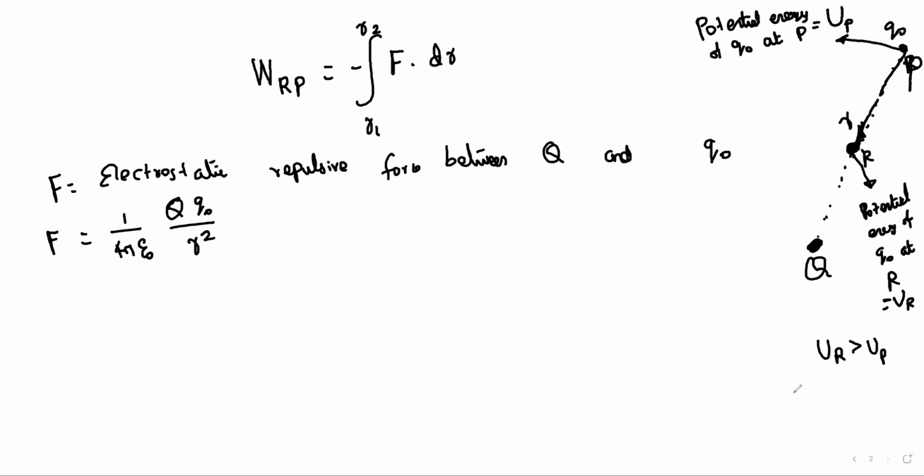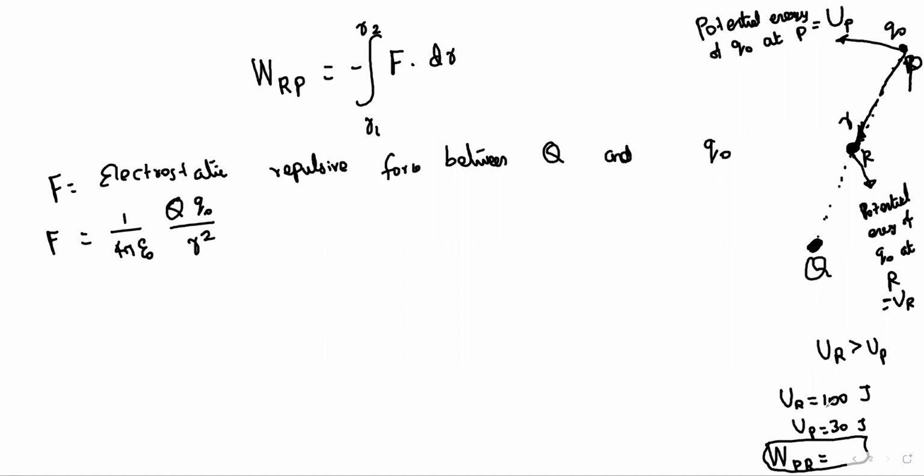For argument's sake, if I say UR is 100 joule, that means you need 100 joule of energy to stay at R, and UP is, let it be 30 joule. Now tell me how much work you need to do to move from P to R. This is my question.